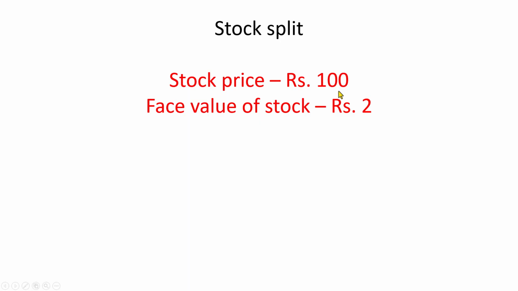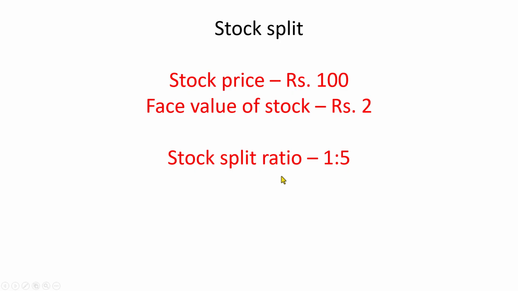That is the market value. Let us say that the face value of a stock is 2 rupees. And let us say that the company announces a stock split ratio of 1:5.